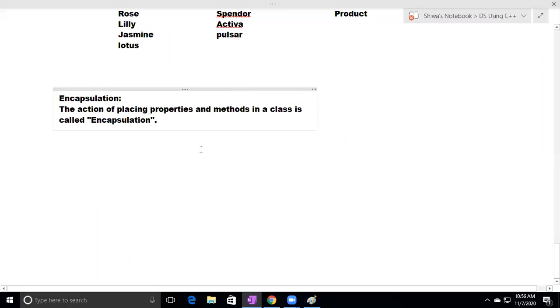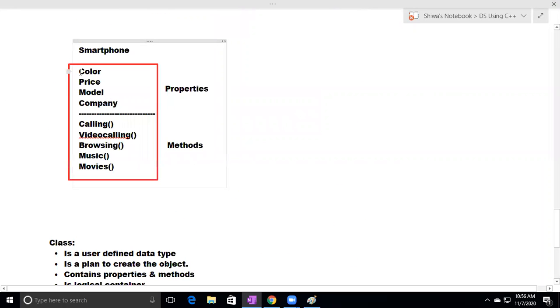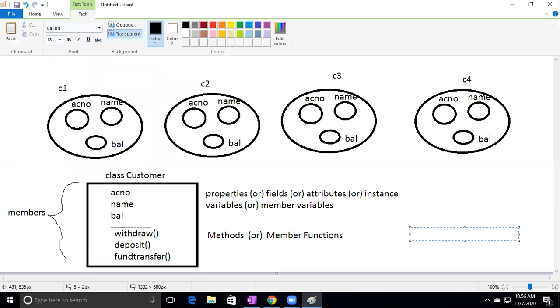So what is that something? Properties and methods. We define these properties and methods in one container. Account number, name, balance are the properties. Withdraw, deposit, fund transfer are called methods.